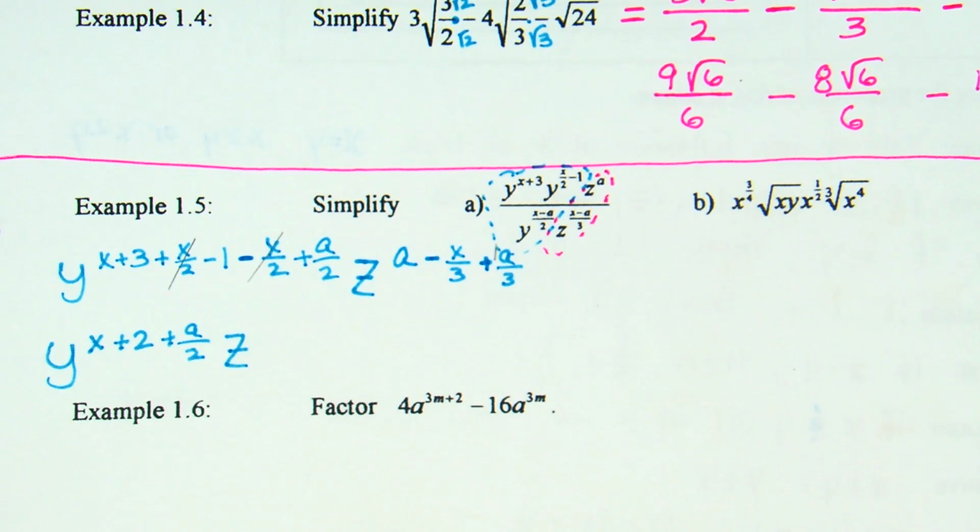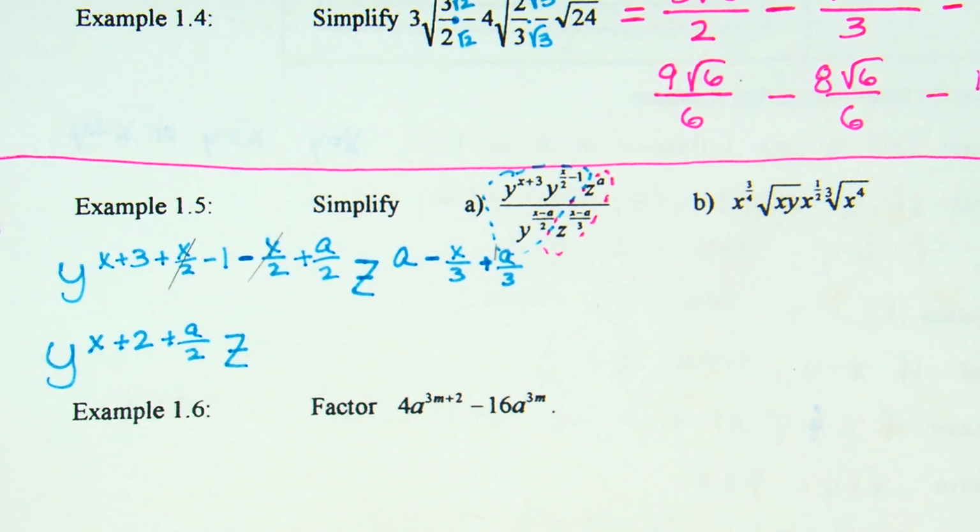Or yes, think 3a over 3 plus 1a over 3 becomes 4a over 3 minus x over 3. I don't know how much you can tell, my y and z are the bases. It didn't turn out perfectly.